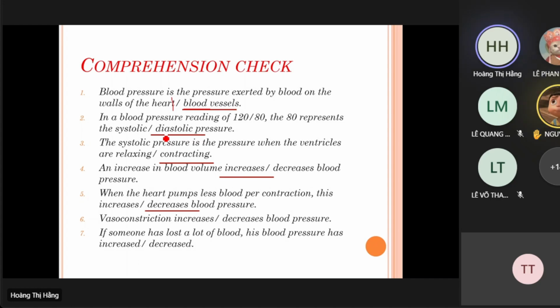Vas means vessels. Vasoconstriction. Increases, okay. Vasoconstriction tức là co bóp cái thành của mạch máu ha, thì làm cho huyết áp nó tăng lên. Dạ. Câu 7 là chọn decreases.